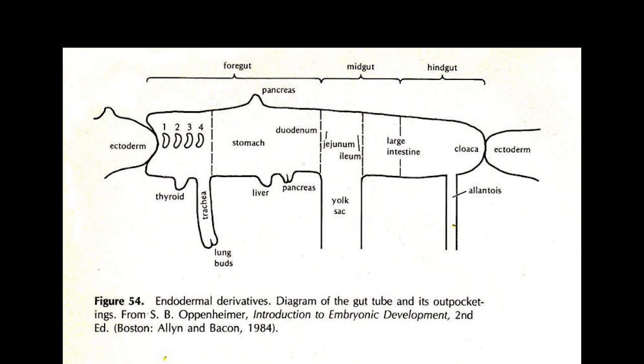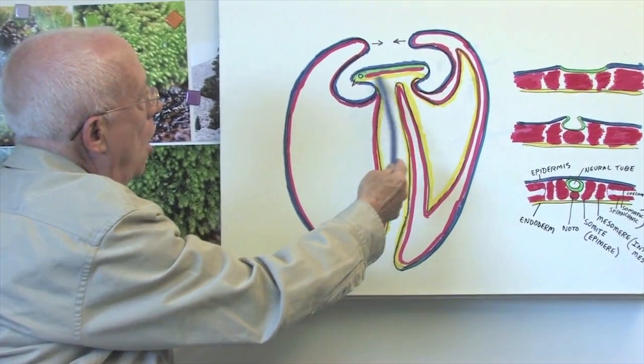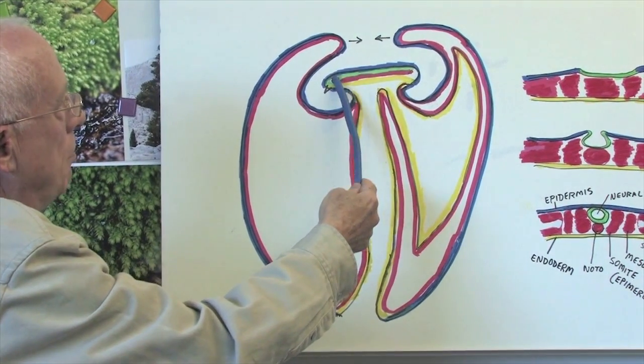Figure number 54 shows the divisions of the endoderm, which we didn't really discuss yet. And as you can see in figure number 54, you have the endodermal tube, which runs along the whole chick embryo.